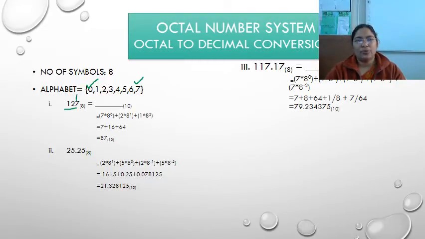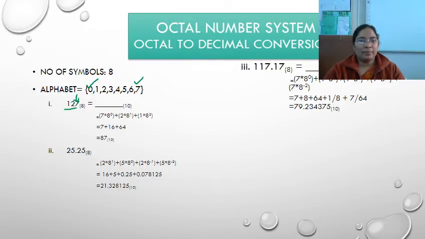Here the base is 8, so the place values will be 8 to the power of 0, 8 to the power of 1, 8 to the power of 2, and so on from rightmost to left. So 7 multiplied by 8 to the power of 0, plus 2 multiplied by 8 to the power of 1, plus 1 multiplied by 8 to the power of 2, will give you the decimal equivalent of that number.